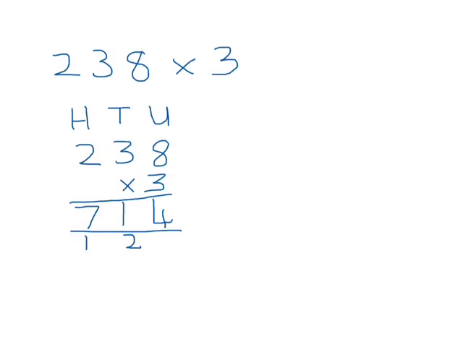To show this the expanded way, we have 238 times 3. Put one line here, hundreds, tens, units or ones. And the expanded is a longer way of writing out.